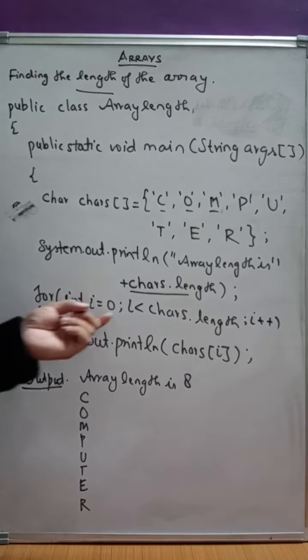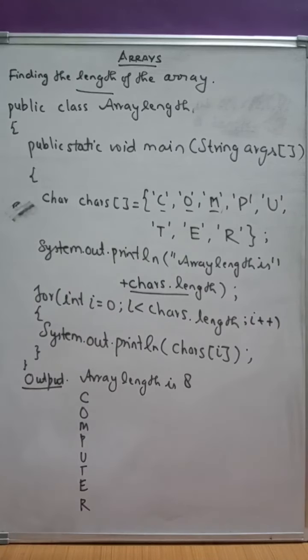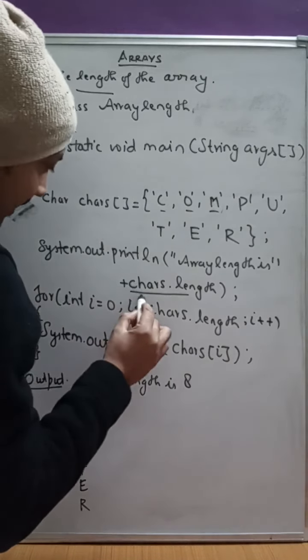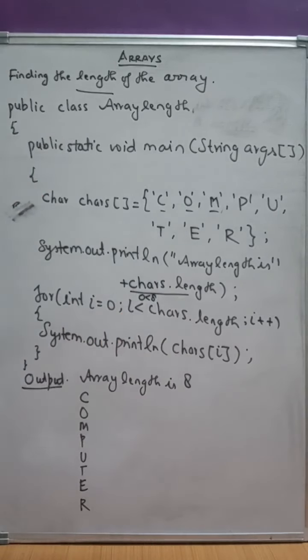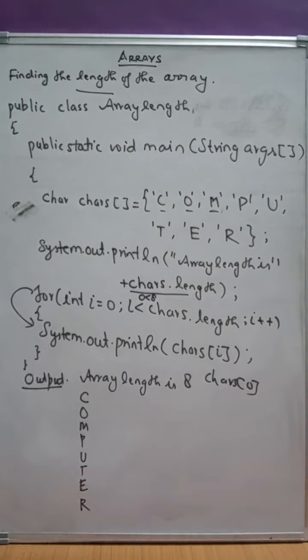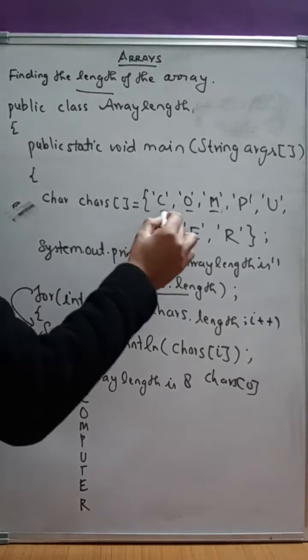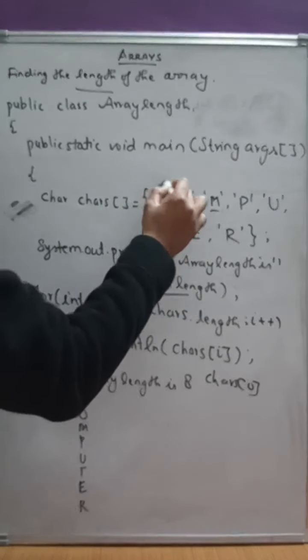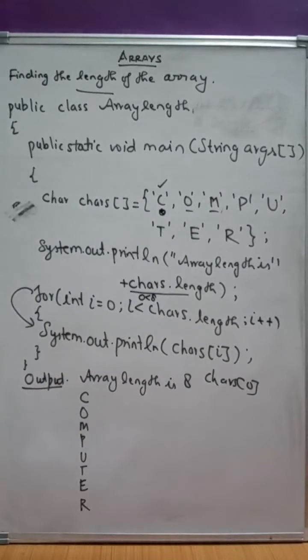After this, the condition is chars.length. So this condition will be checked for 0 less than 8. This condition will be true, and when it is true, we execute the statement System.out.println(chars[0]), right? On the 0th index you can see you have the character C. So C will be printed here.